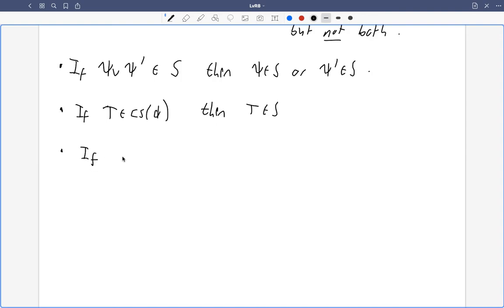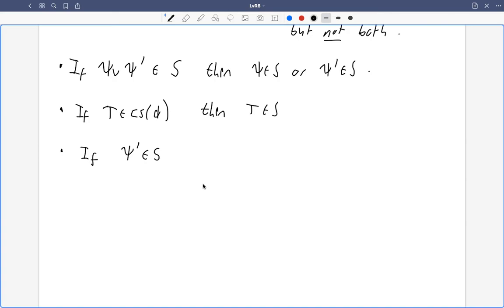So the last two conditions are about the until operator. So if psi prime belongs to the state S, well, if psi prime is true now, then for any formula psi, psi until psi prime is true, because remember, until trivially holds if the second formula in it is true at the moment. In general, psi until psi prime is true if psi keeps on holding up until the moment before psi prime suddenly holds.